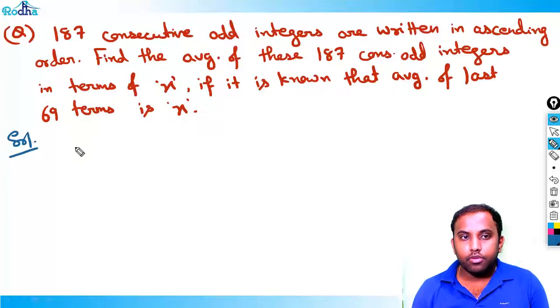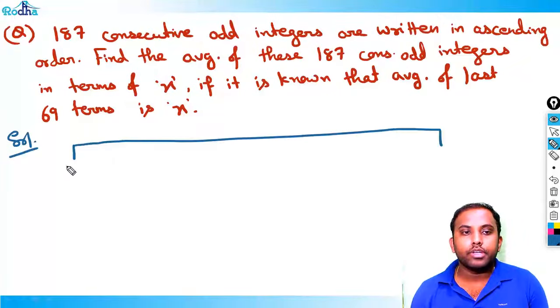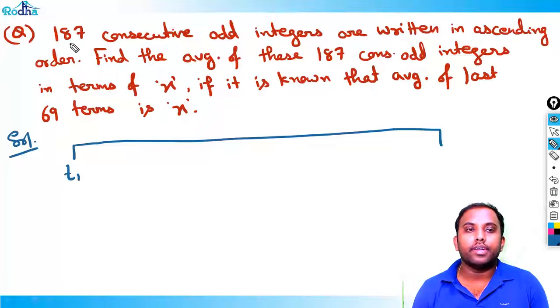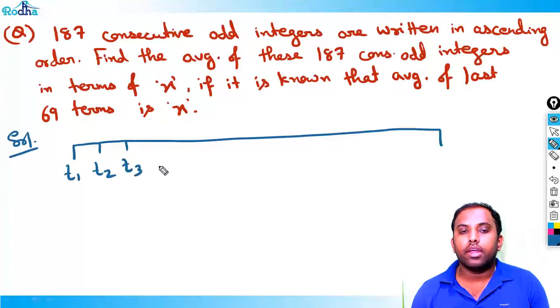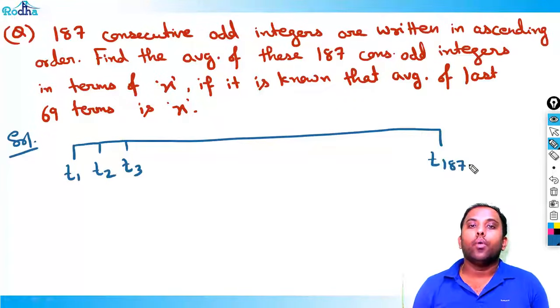Let's say there are 187 terms in this series. It starts with T1, then T2, then T3, and it goes on like this till T187.